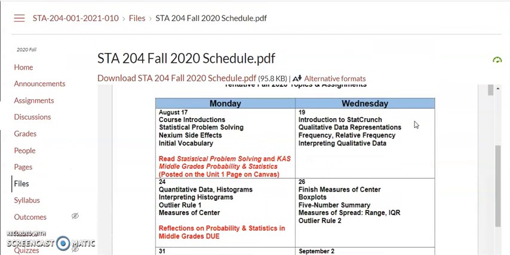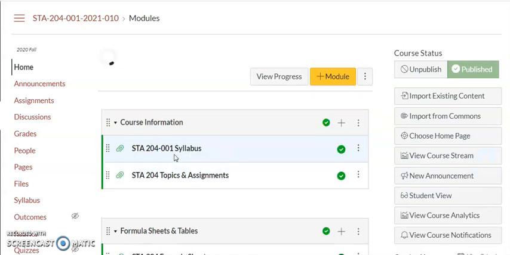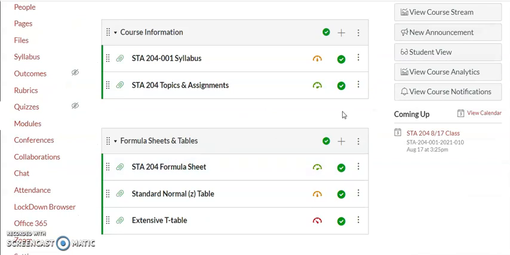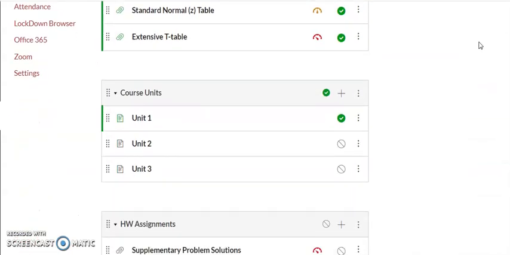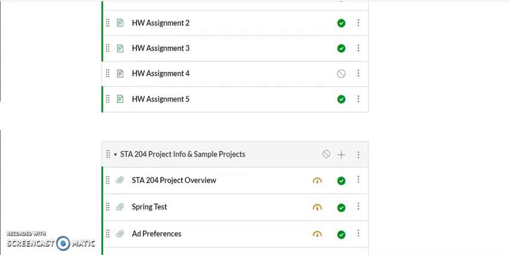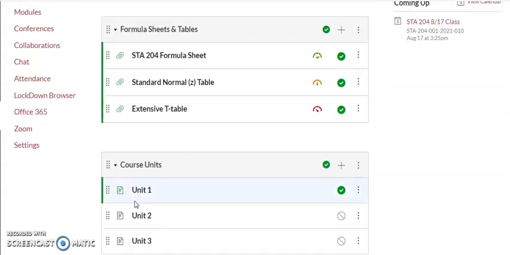So the 2 things you should do when you open up the home page: always go to the topics and assignments, see if there have been any updates, and then for each day of the class, go to the particular unit page and review materials and so forth. My goal is to integrate everything onto these unit pages.